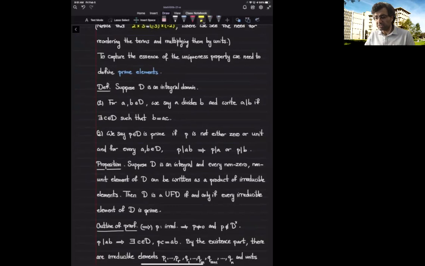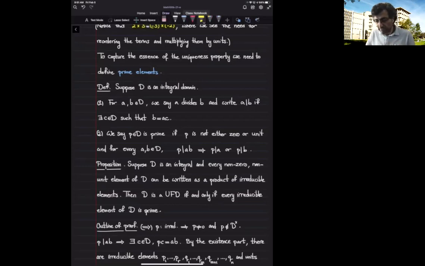In the ring of integers, the way that we show unique factorization, which we call the fundamental theorem of arithmetic, is using Euclid's lemma, which says that a prime in the integers divides a times b precisely when it divides one of them. This is what we take as the definition of a prime element in an integral domain. So let's make it precise.